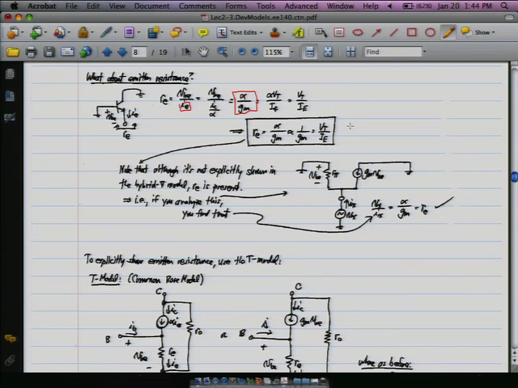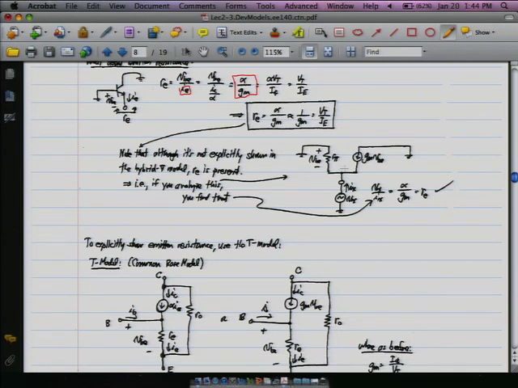And so this resistance ends up looking like 1 over gm. If you think back to 105, that's what happens. If you look up into the emitter, or if you're working with a MOSFET and you look up into the source, then the resistance you see effectively is 1 over gm. And that's where that comes from.